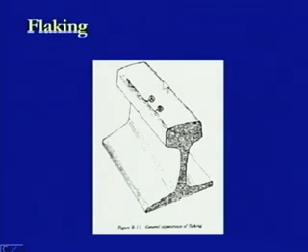Okay. Then there is another case which is termed as flaking. In the case of flaking, this is also happening generally on the side of the rail section. What we found is that along this section of the rail head, there will be some chips or material coming out in the form of flakes, and that is flaking.